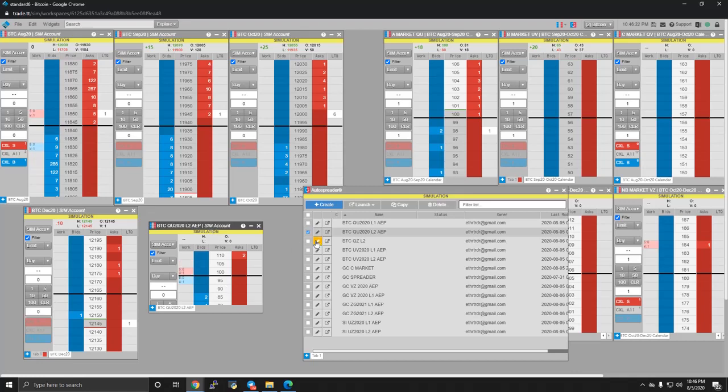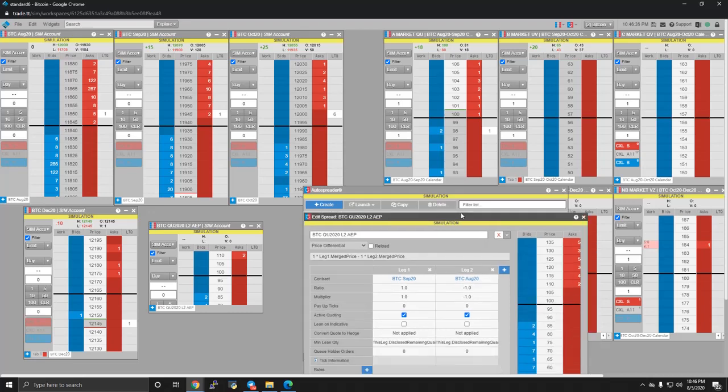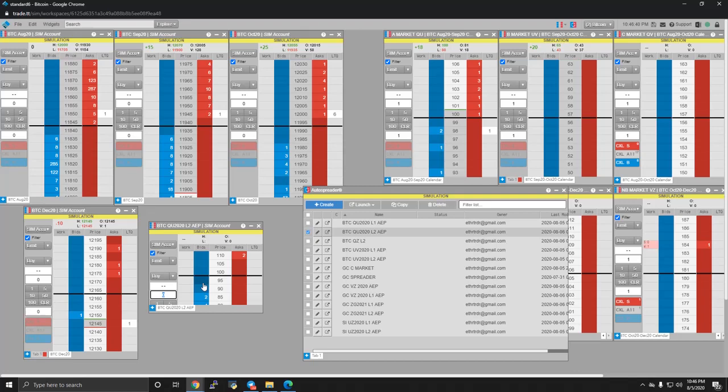And I might edit this spread and make it quote two ways, so that we are saving screen space with these execution portals. I'm going to have to put an order quantity in there. Bid 90s, let's offer 100s.